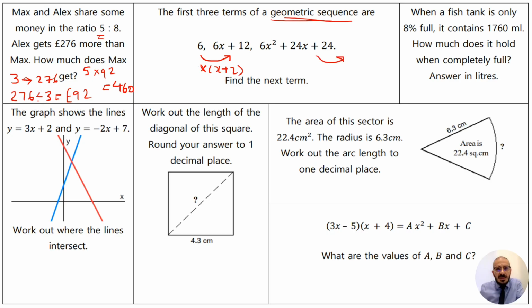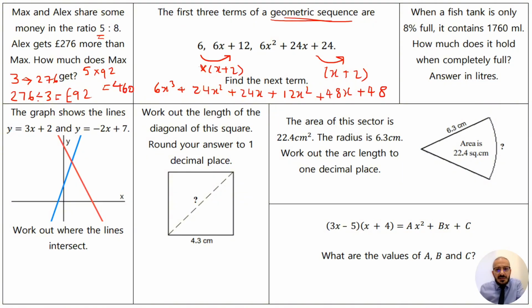They want us to find out the next term. So if I times 6x squared plus 24x plus 24 with x plus 2, then I'm going to have to multiply everything with x first, and then everything with 2, and then collect the like terms. So this, in the end, would give me 6x cubed, 6x squared times x is 6x cubed, plus 24x times x is 24x squared, 24 times x is 24x, plus 6x squared times 2 is 12x squared, and then we've got 48x plus 48.